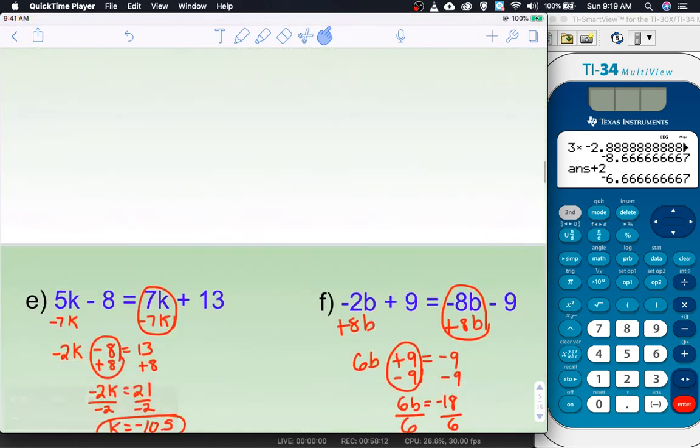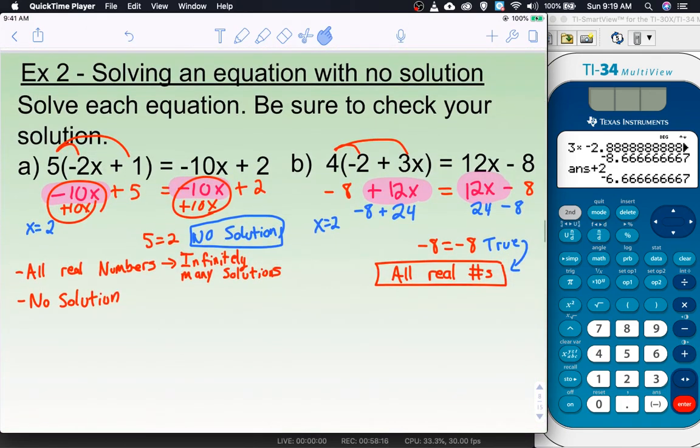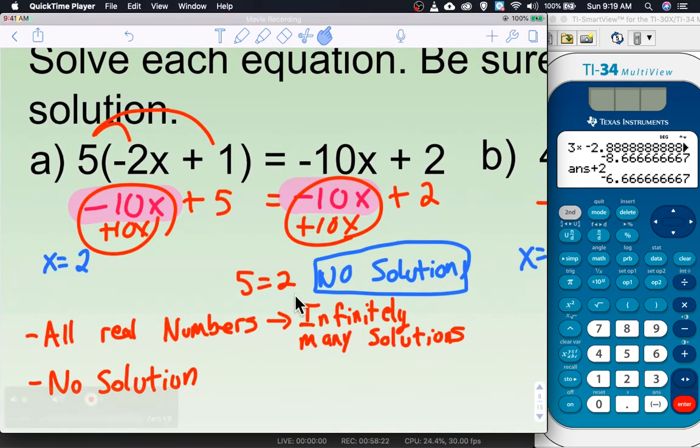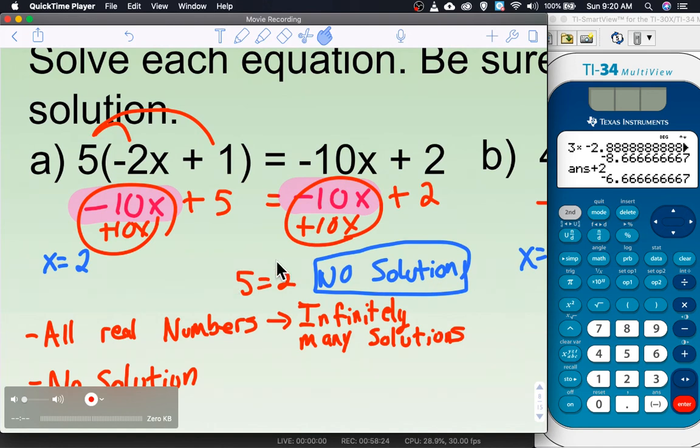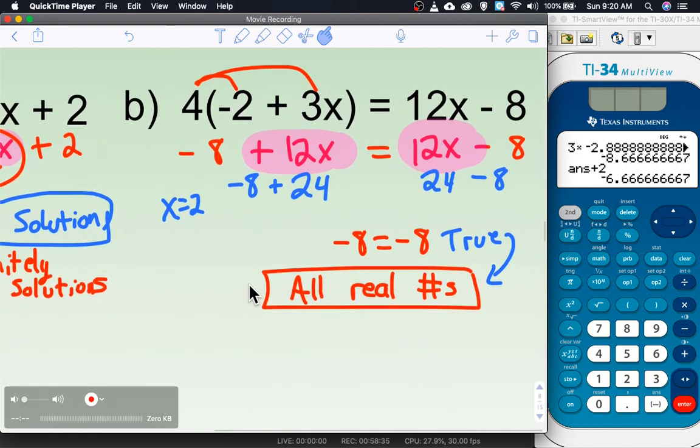And then we did a whole bunch of practice problems. We then learned what it looks like if you have an equation with no solution. That is what we were just talking about. If your variable completely cancels out, I have no more x's left, then you're either going to get no solution or all real numbers. No solution is what happens if this is a false statement. All real numbers is what happens if this is a true statement.